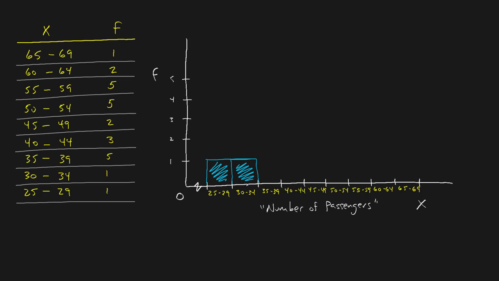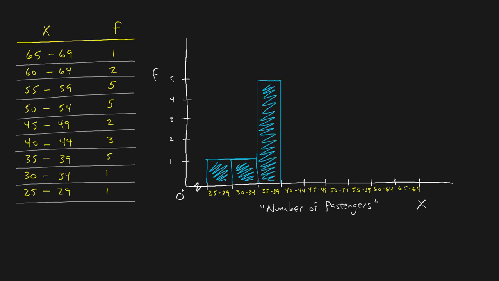You're going to see when I do bar charts, that's going to change. That's going to be one of the main differences. Here we put all of our categories right up next to each other. 35 to 39, I need to go up to 5. And so, again, I'm kind of wishing, actually I think I have a ruler on here. Yes, oh cool. Okay, so that goes up to about there, and then there, and so here is my next category.